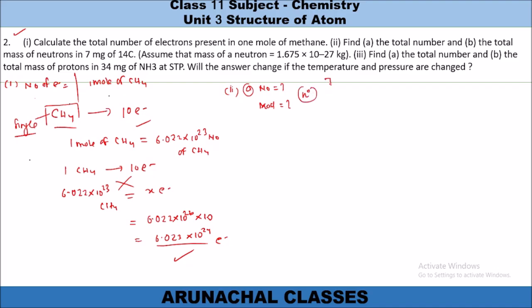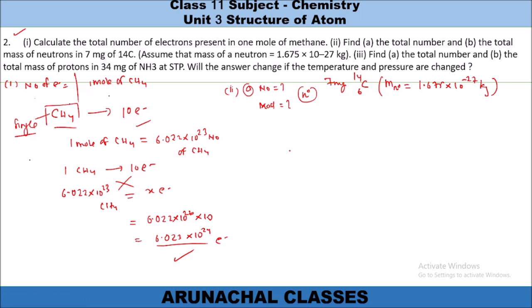We are taking 7 milligram of carbon-14 (C 6 14), and it is given that the mass of a neutron is 1.675 into 10 power minus 27 kg.